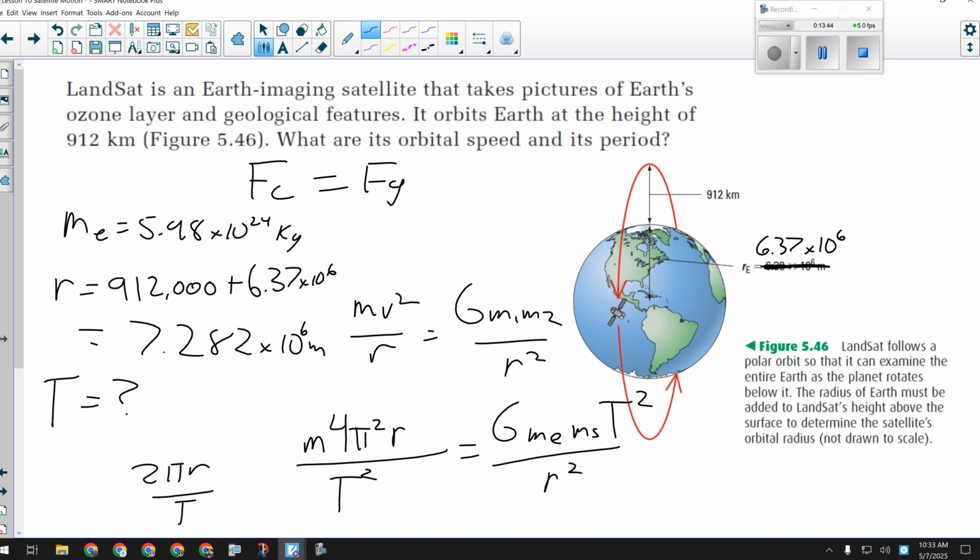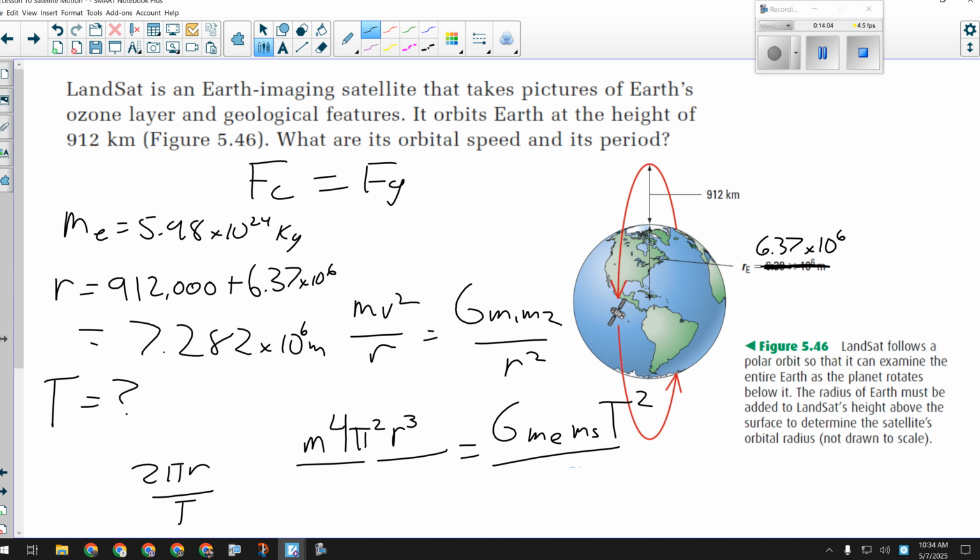So I've got T squared there. Then I'm going to move everything else over to the other side. I'm going to move the r squared first. What's r squared times r? R cubed, right. So now that's gone.